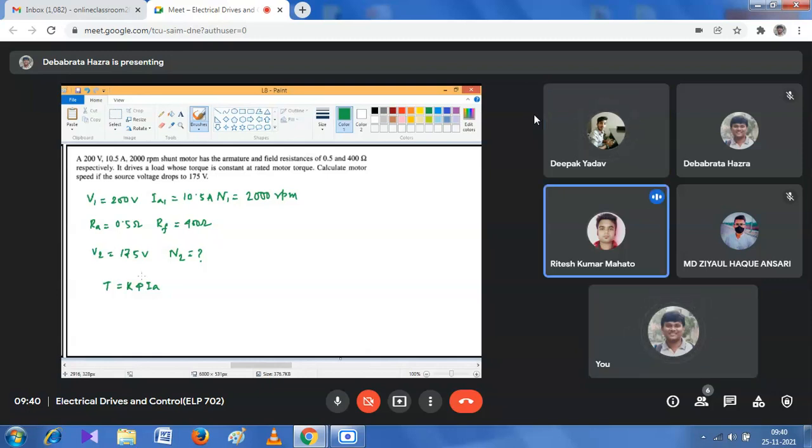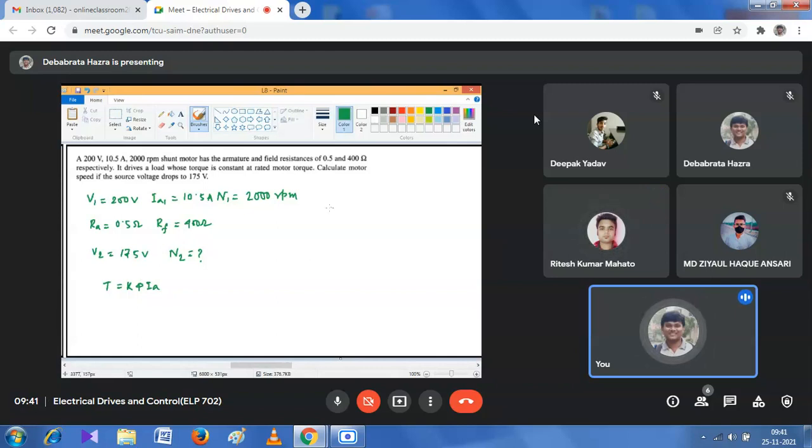And what is the value of V2? 175. That means the source voltage is not constant. So we cannot write the torque equation as T is equal to constant into Ia, because the supply voltage is variable here.